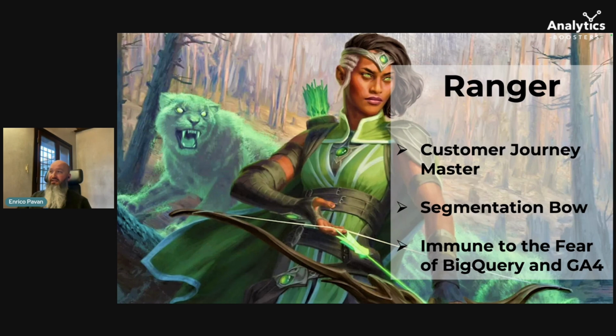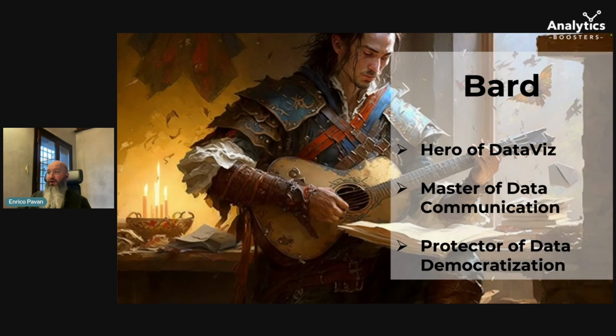Then we got the Ranger, that is the Customer Journey Master. He's got the Segmentation Bow, and is immune to the fear of BigQuery and GA4. And then we got the Bard, that is the hero of data viz, the master of data communication, and the protector of data democratization. It's more or less the intern that everyone got inside a company.